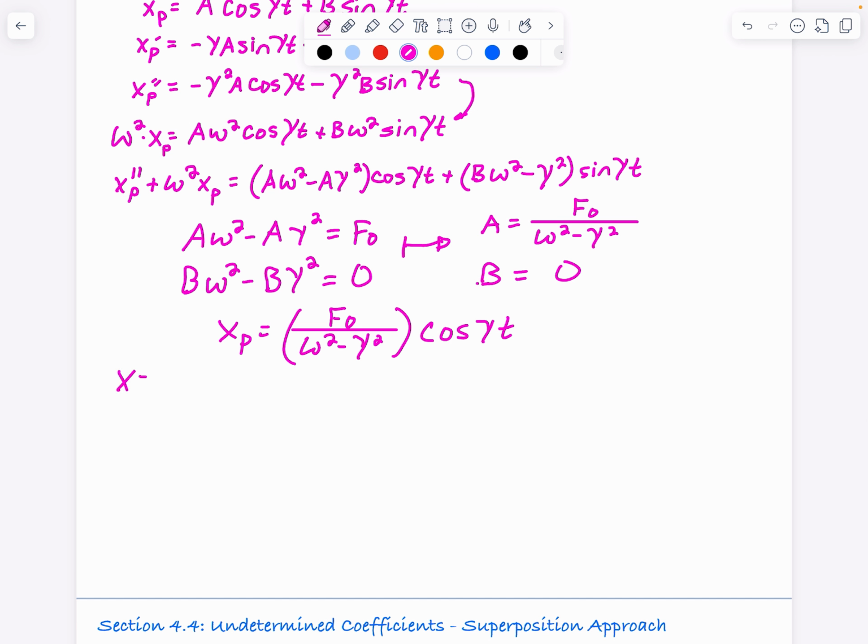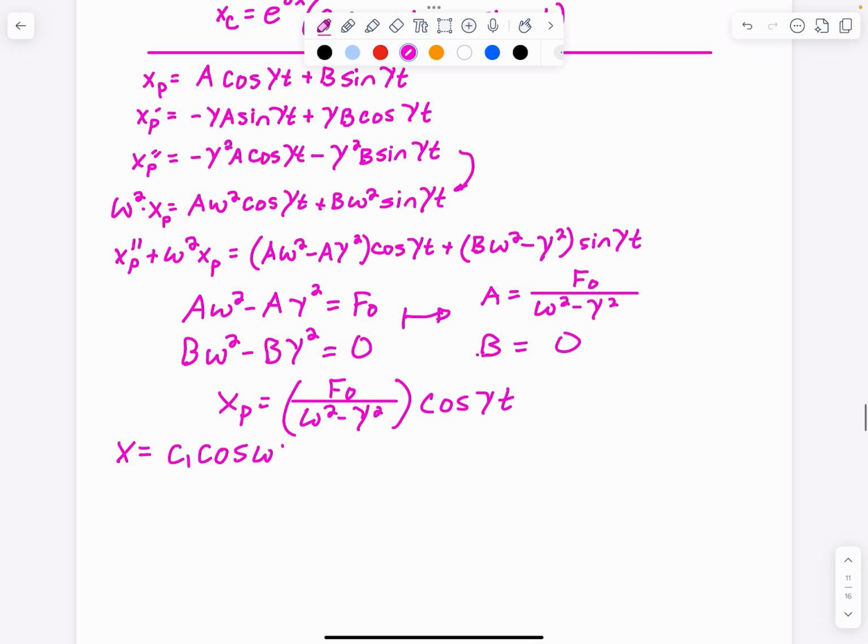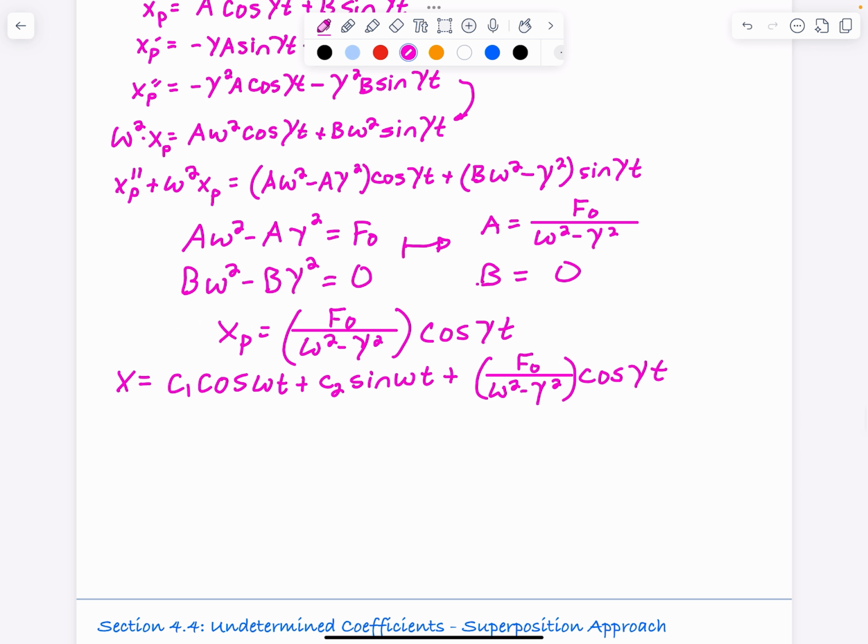All right, so we have our solution. Our solution is going to be c1 cosine of omega t plus c2 sine of omega t plus this whole thing, f naught over omega squared minus gamma squared cosine of gamma t. They gave us initial conditions, so we're going to have to use those. So I'm going to need an x prime as well.